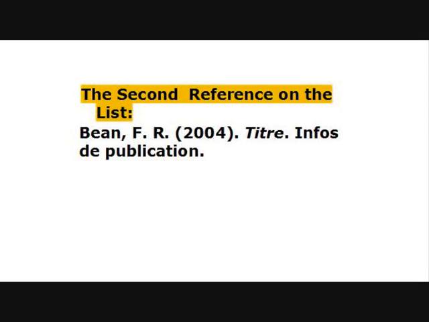You separate the family name from the first name by a comma, and then don't forget to put a full stop before the year of publication, which you will have to put between parentheses. At the end of the year of publication, do not forget to put a full stop. So you will follow this by the title.